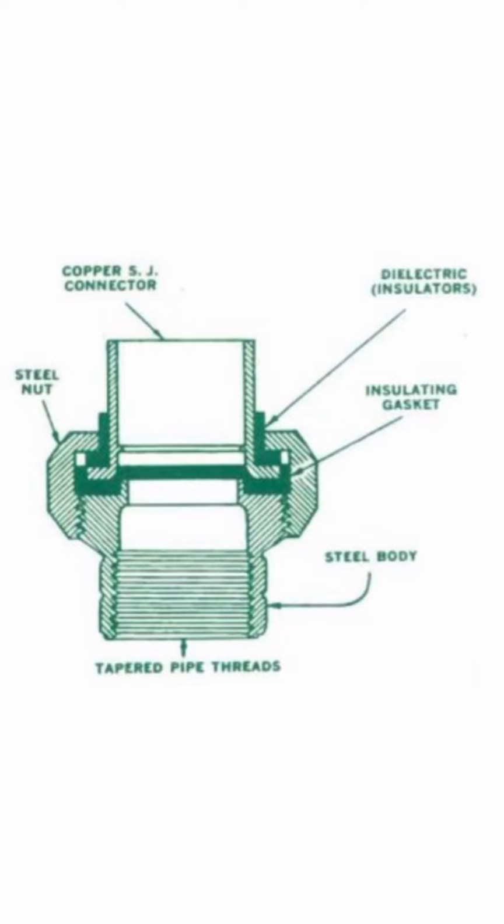Now, when it comes to joining two pieces of pipe together, there's a couple options you have. One, you can use a dielectric union, as you can see in this picture here. Now, what's significant about this is it has a plastic insulated gasket, so it breaks the contact from those two pipes.